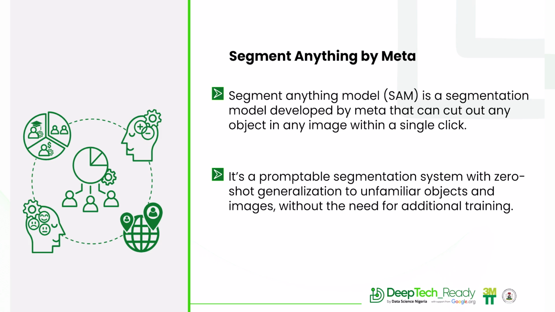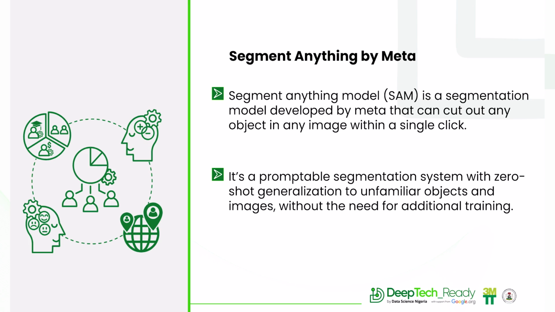So it takes a particular region of interest. You just have to pick a region of interest or a point that you want to segment, and it takes the object within that point and segments it from every other object in that image. So it's a very, very powerful segmentation technique, and it works like magic. It's quite fast, quite reliable, and very, very effective.